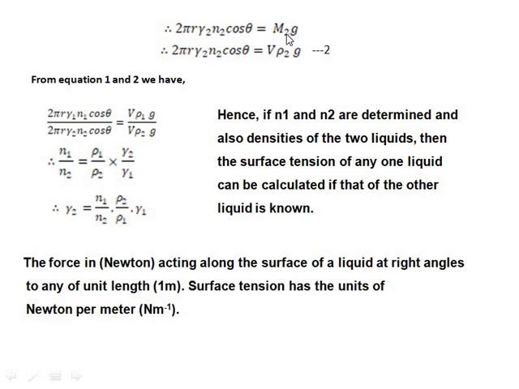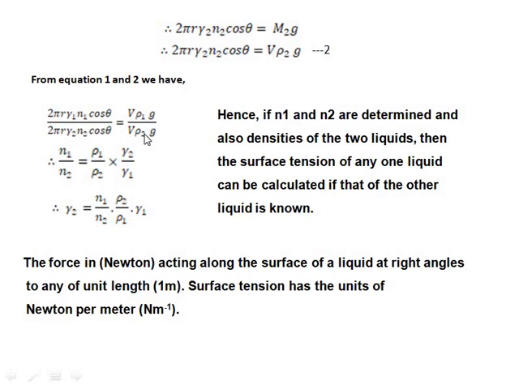Similarly, the mass is equal to volume into density of the second liquid, so 2 pi r gamma 2 N2 cos theta is equal to V rho 2 g. From equations 1 and 2, we combine: 2 pi r gamma 1 N1 cos theta upon 2 pi r gamma 2 N2 cos theta is equal to V rho 1 upon V rho 2.